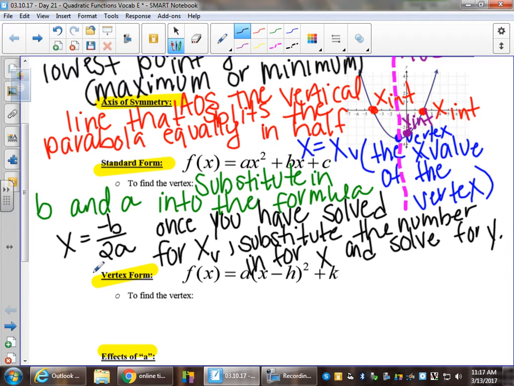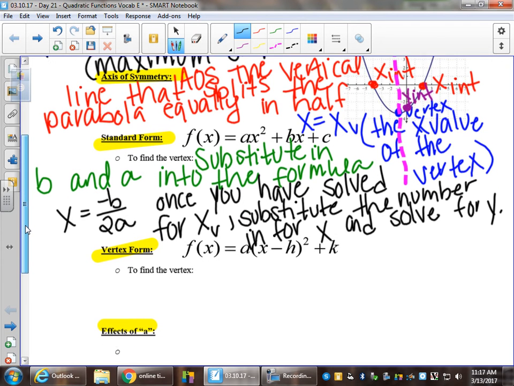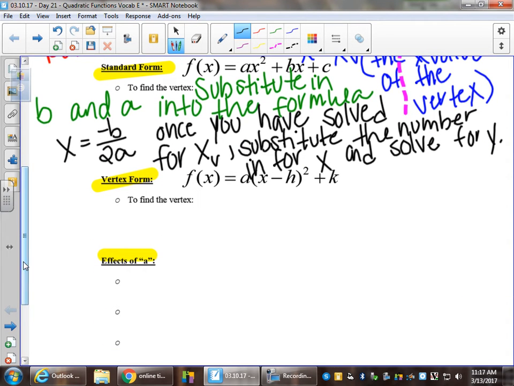So once you use this formula to get x, put that number into the equation, and you'll get y. And then you'll have x comma y for your vertex. This will make more sense when we start doing examples next time.